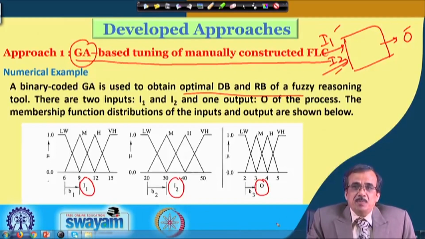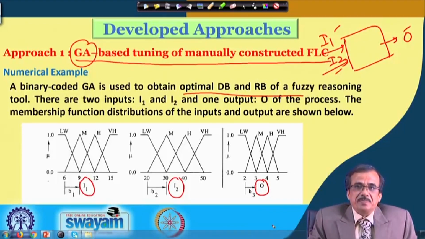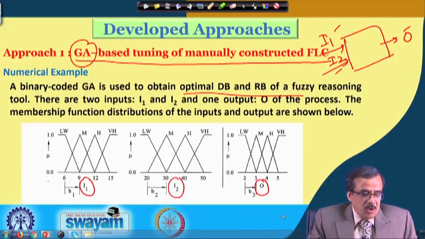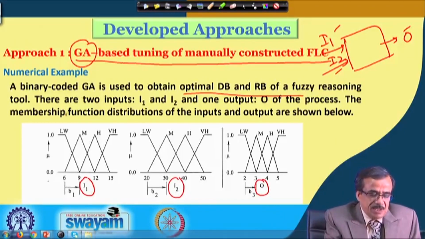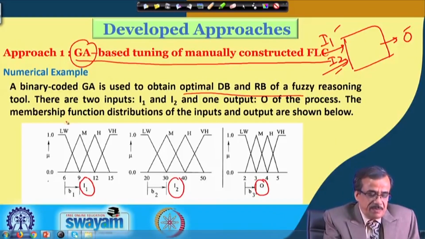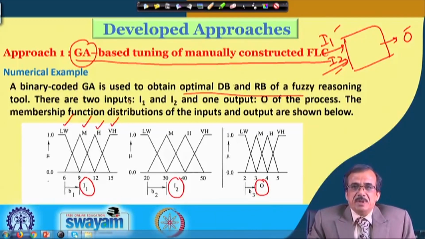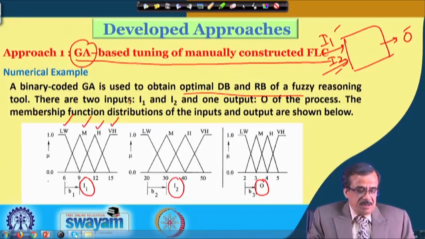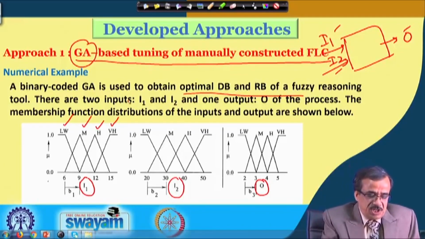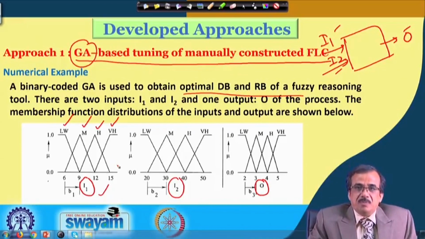Both the inputs and the output are represented with the help of 4 linguistic terms each. For example, say the linguistic terms are low, medium, high and very high. There are 4 linguistic terms for I1 and 4 linguistic terms for I2.